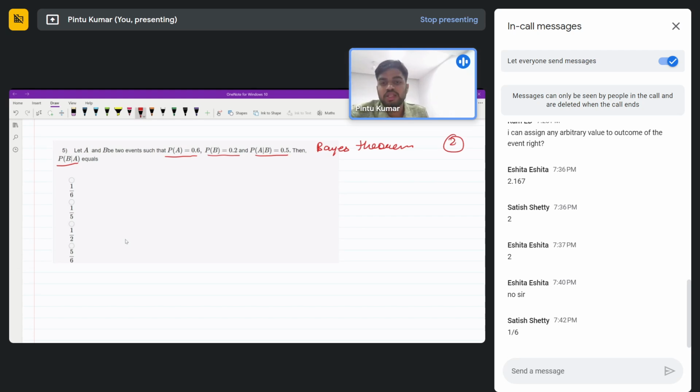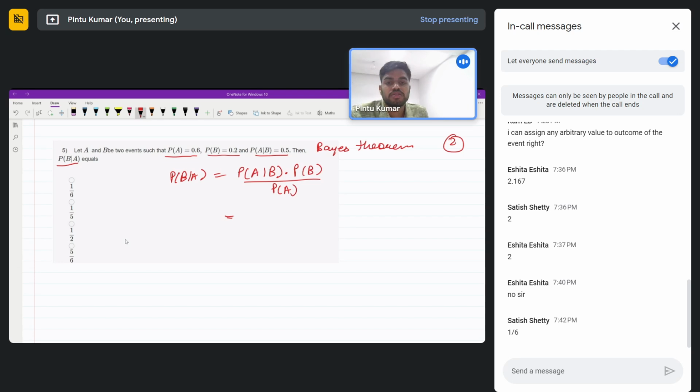Okay, so I'll write the formula that you need to use. The probability of B given A is the probability of A given B into the probability of B, divided by the probability of A. You have everything available with you. You just need to plug in the values.